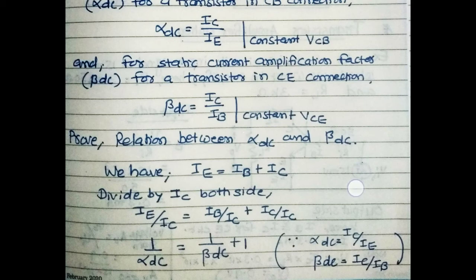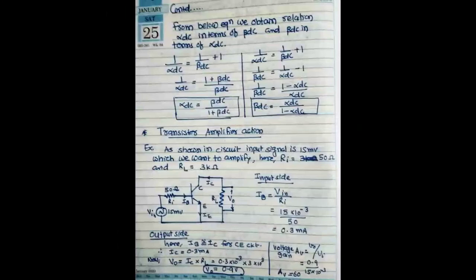Now the relation between alpha DC and beta DC. We know that IE is equal to IB plus IC. Mathematically, dividing both sides by IC, we get 1 over alpha DC is equal to 1 over beta DC plus 1.